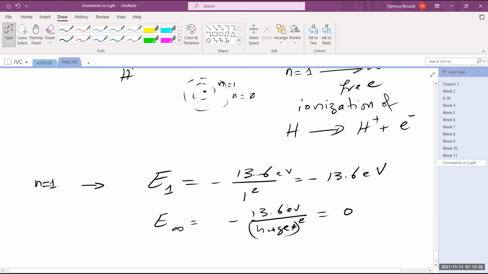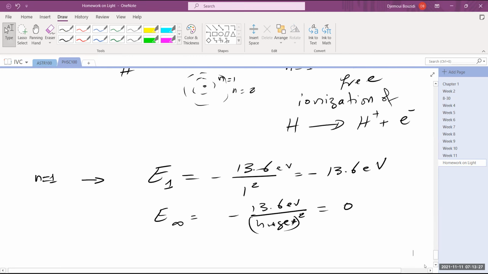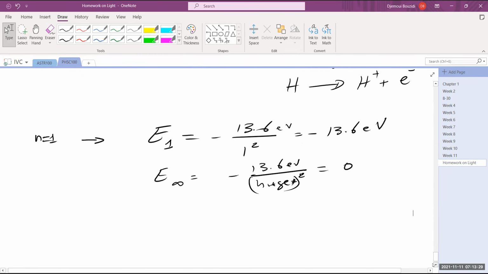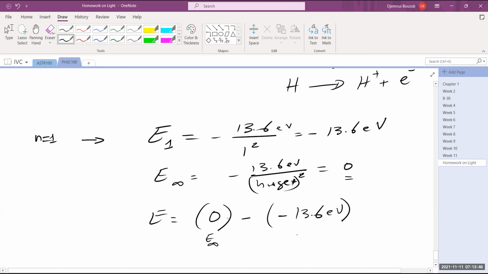Okay. And the transition then is going to emit energy in this case, and that emitted energy is going to be E at infinity minus E at 1. The final energy is 0, and this one is negative 13.6.